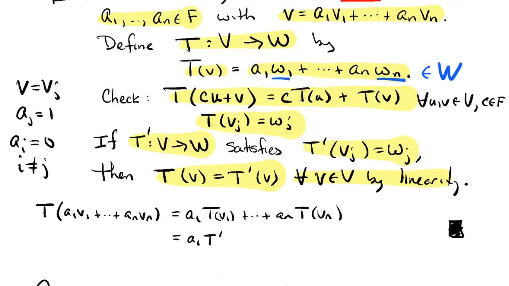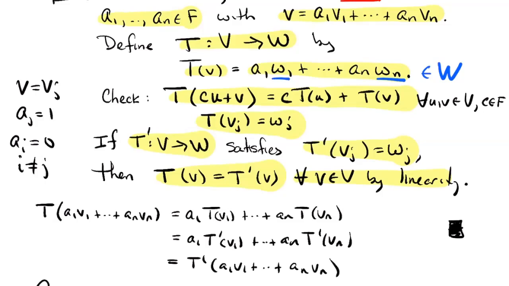So I can replace those T's with T primes in every single term. And then by the linearity of T prime, T of v is equal to T prime of v.